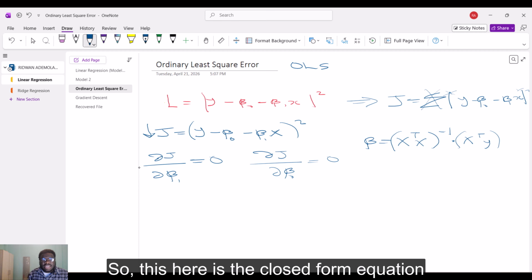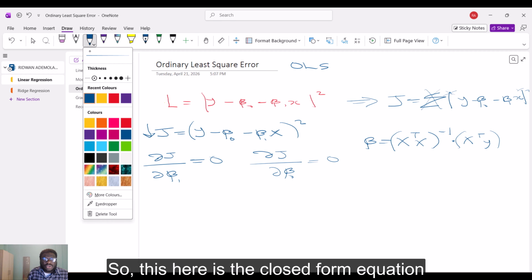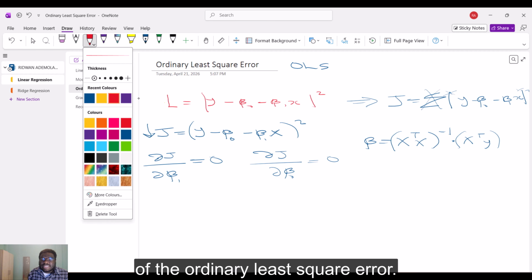This here is the closed form equation of the ordinary least square error.